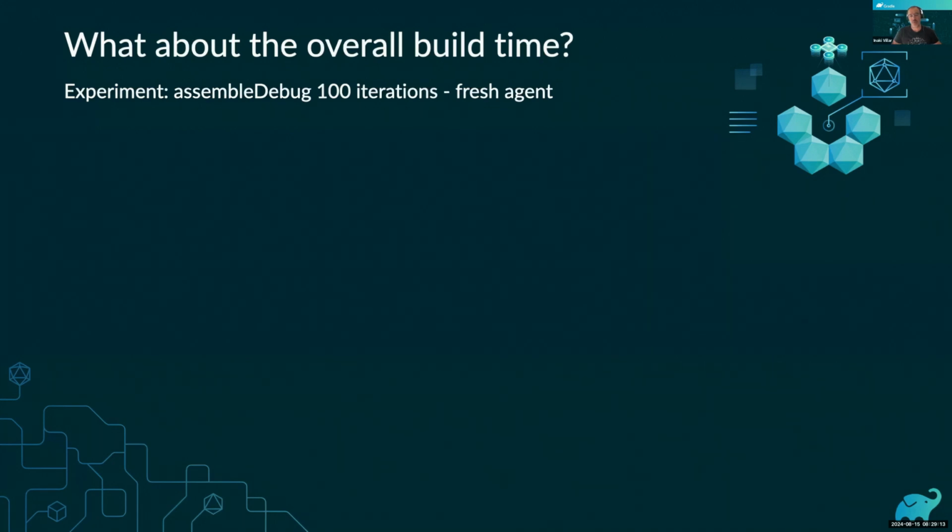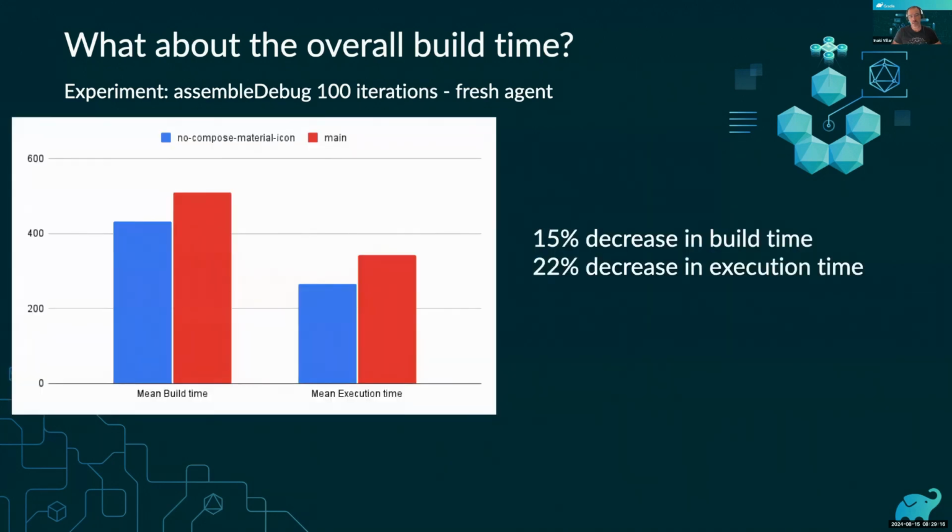The results gave us a 15% decrease in build time and a 22% decrease in execution time. And the only change applied was to provide manually the classes required in the code that come from the material icons dependency.